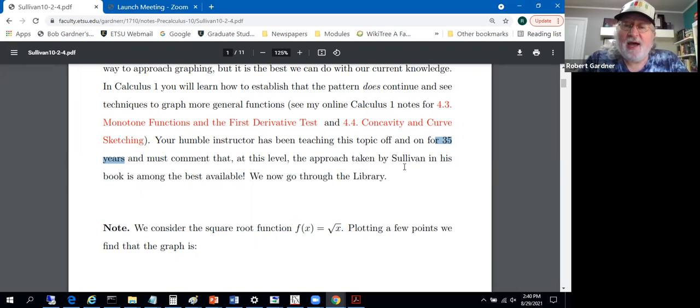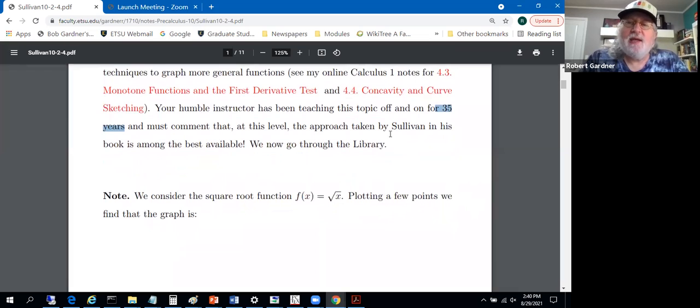Really, all we've got now for the functions we're going to consider largely is plotting points. If you want to plot more points, you'll see they follow the pattern that we're guessing based on the few points that are plotted. I will say this on the negative side about Sullivan, the author of the book. For some of these, he doesn't plot very many points and draws a conclusion that they represent the shape of the graph. First, let's look at the square root function.